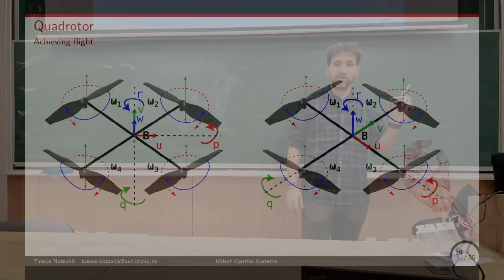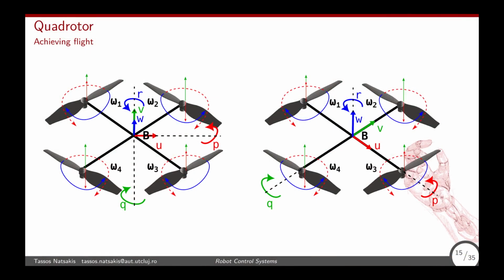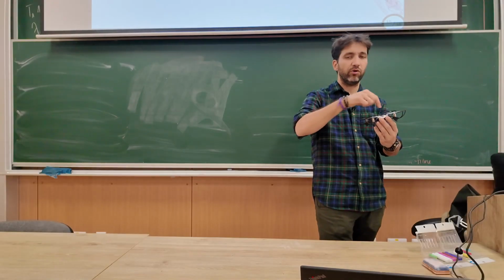We'll talk a little bit about how the motors have to move so that the drone flies in certain ways. And we'll basically see 2 different configurations that we typically consider, the X and the cross. The only difference is how the frame is oriented relative to the motors.